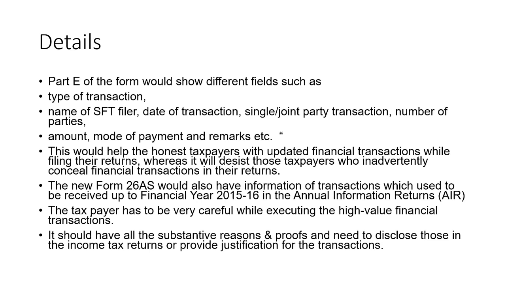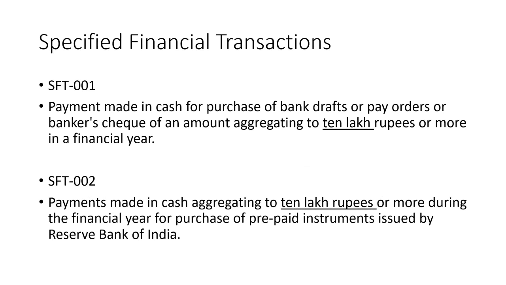The taxpayer has to be very careful while executing high value financial transactions. All the substance, reasons, and proofs are required to be disclosed in the income tax return, which will be facilitated by taking the information from Form 26 AS.